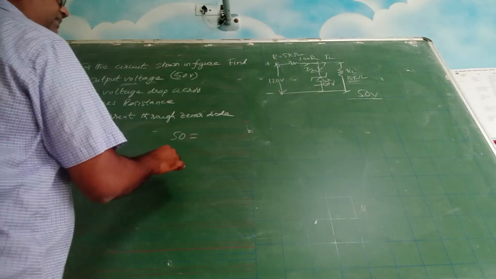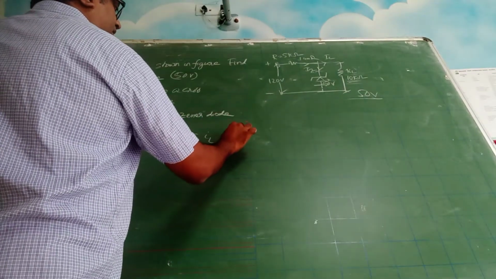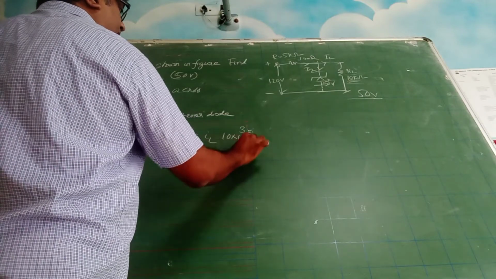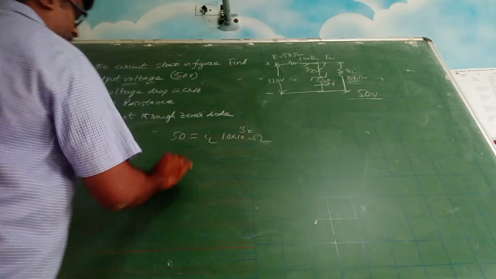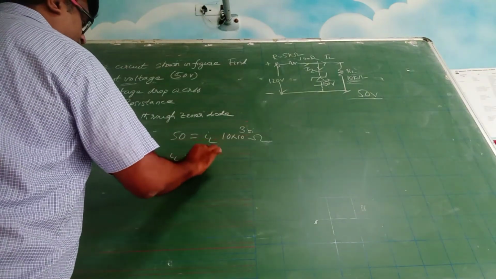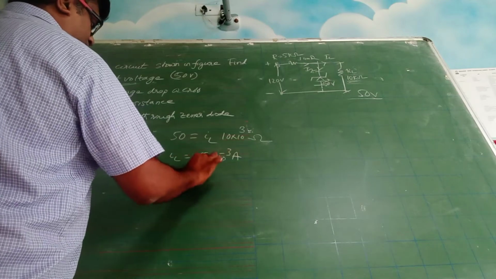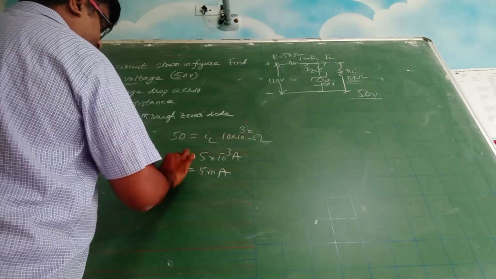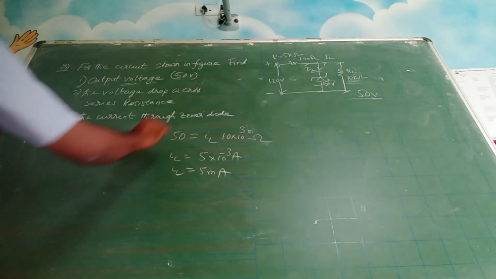V is 50. I, let us say IL. R is 10 into 10 to the power of 3 ohms. So IL is equal to 5 into 10 to the power of minus 3 amps or 5 milliamps. This is IL. Okay. So the answer for the second question is this.